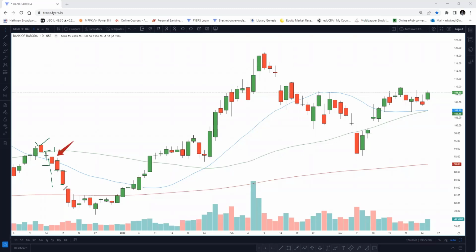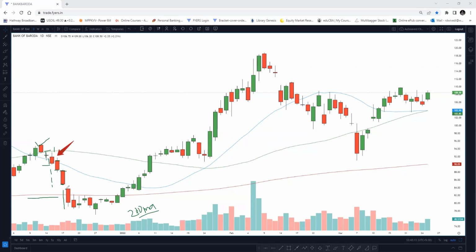Then we have an even wider range bar that appeared on the rising to flat 200 MA. Now the 200 MA is a long-term MA which indicates the long-term trend here. This is a flat to rising MA, so that means that on a long-term basis, this market is in an uptrend, right?